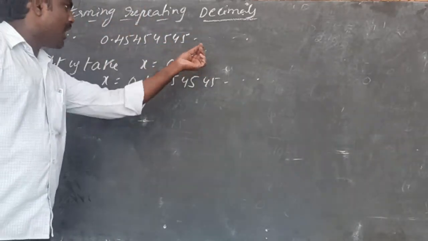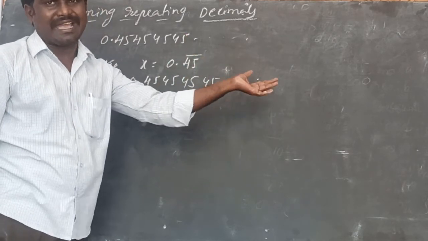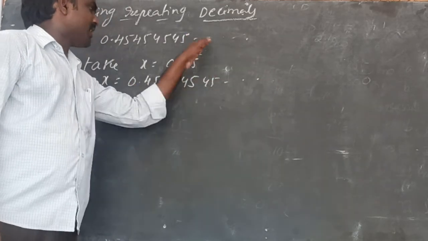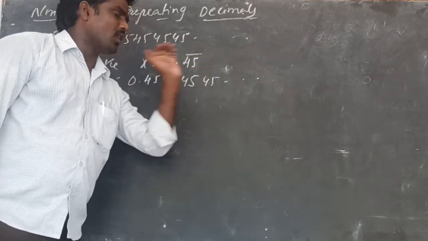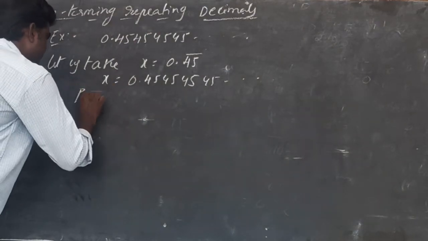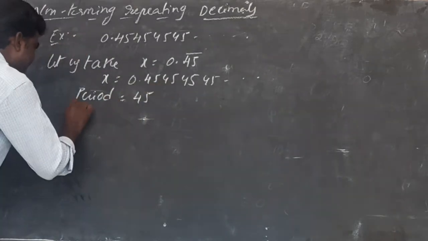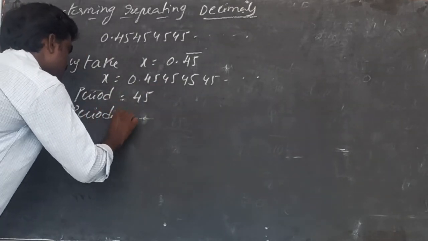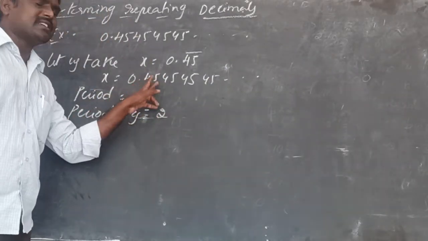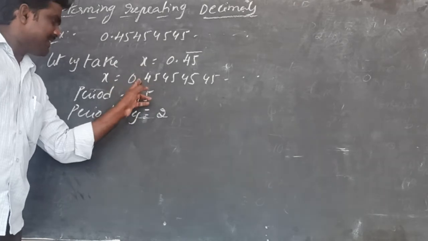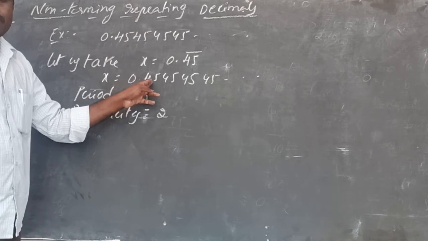A bar is drawn over the digits, which repeat infinitely many times. Here the period is 45 and the periodicity is 2. That means 2 decimals repeat, so we take 2 zeros.